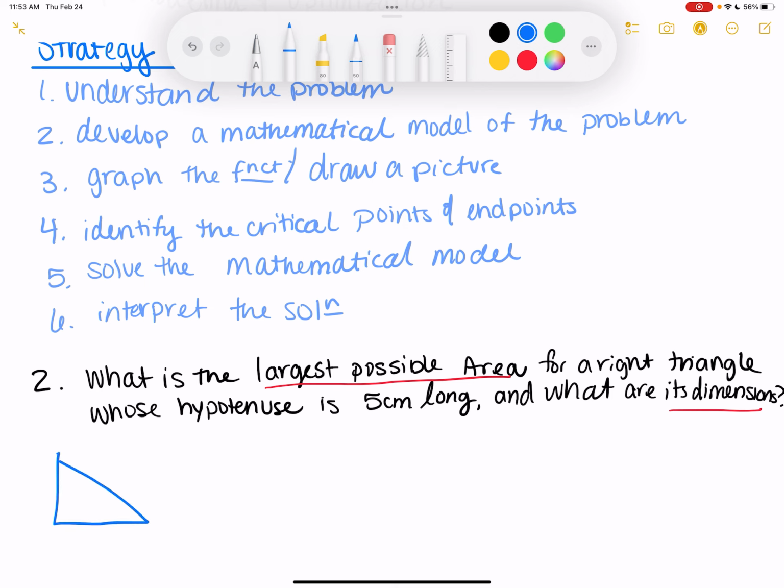I'm going to have a right triangle. We're told that the hypotenuse is 5 centimeters long, but I don't know yet what the other two sides are. So I'm going to have X and Y.